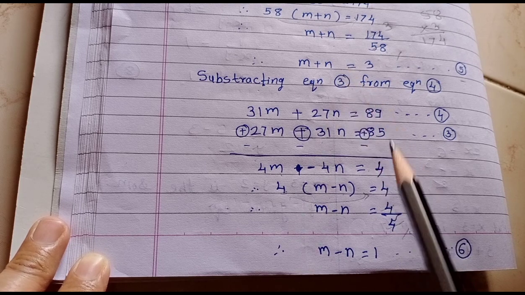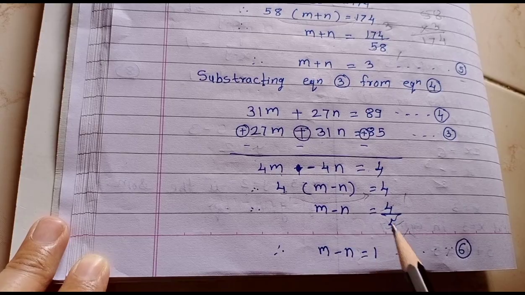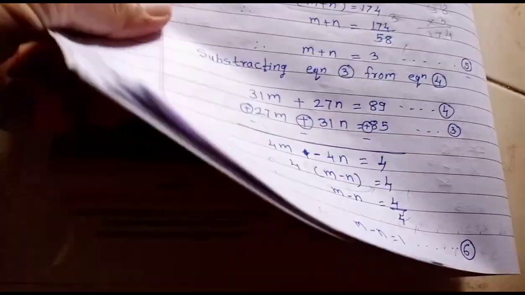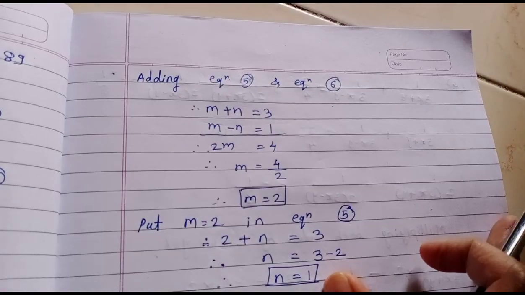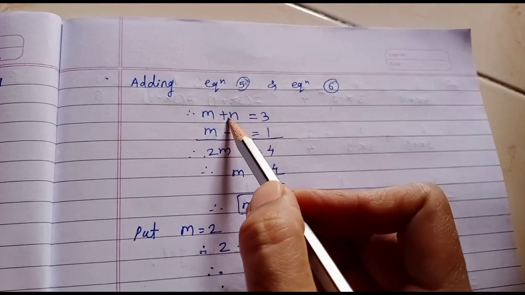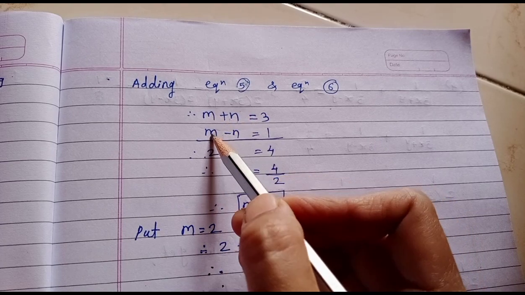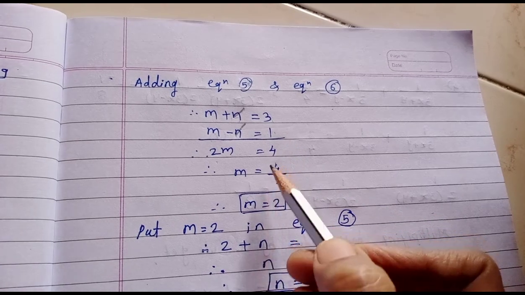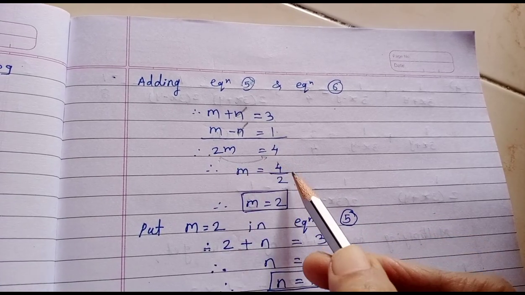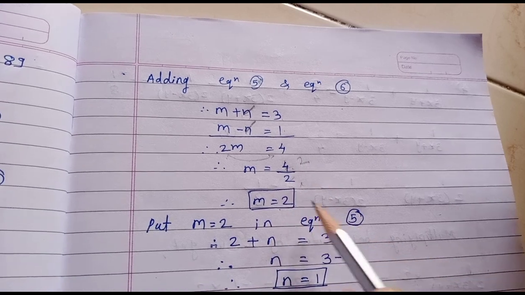Now both equations solve, means adding this fifth and sixth equation, then you will get: m plus n, m minus n, in this m plus m is 2m, plus n minus n cut, 3 plus 1 is 4. 2 multiply becomes divide, 4 upon 2, 2 1s are 2, 2 2s are 4, means m is equal to 2.